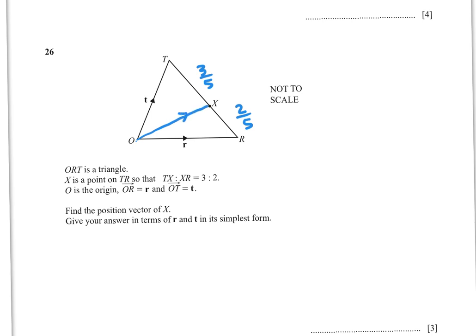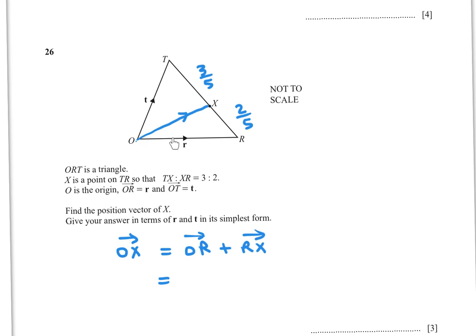To find OX, we can do that via R or via T. So OX equals OR plus RX through R, or if you use T, OT plus TX. Now we can use that one. Vector OX equals vector OR plus vector RX.